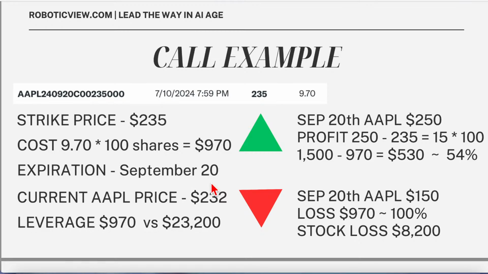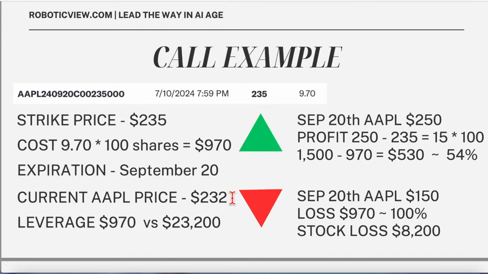Maybe some of you are familiar with this, but I want to make sure that everybody is on the same page. The current Apple price is $232. That's the current price, yesterday's price. I don't know what happened today, it probably dropped a little bit.